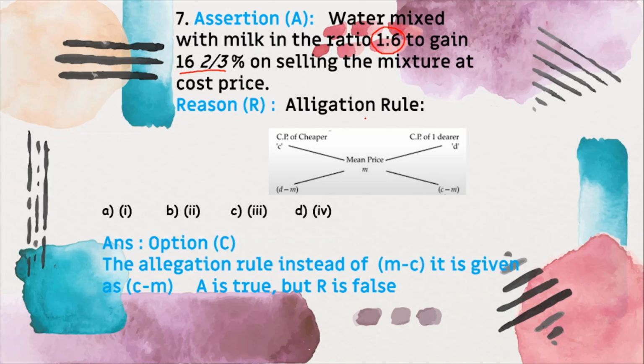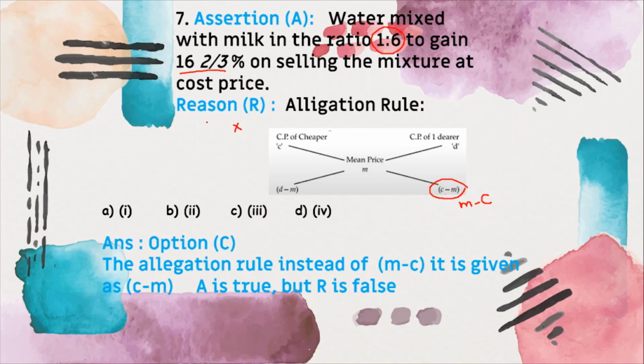See, in the allegation rule, we should be thorough with it. In the allegation rule, this is cheaper quantity, dearer quantity, mean price. D minus M, continuing to that, this term should be M minus C. As the reason part has a mistake, the reason is not true.